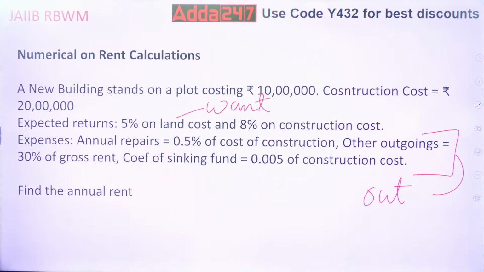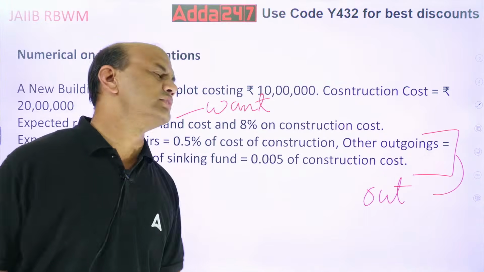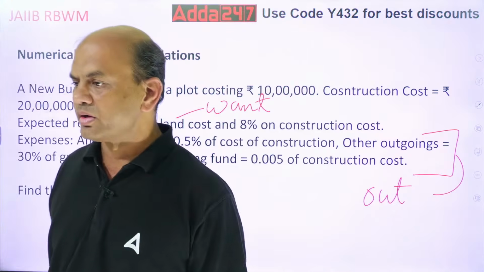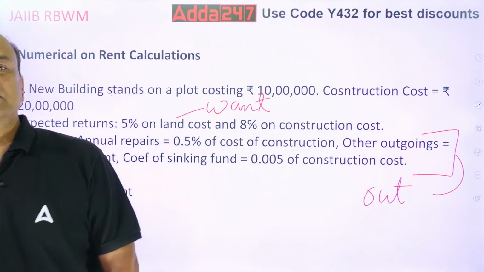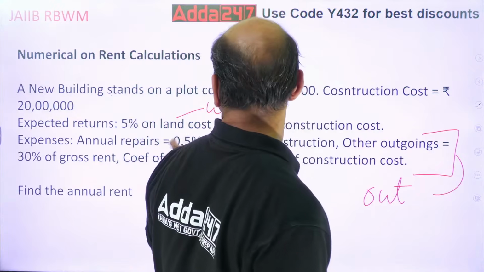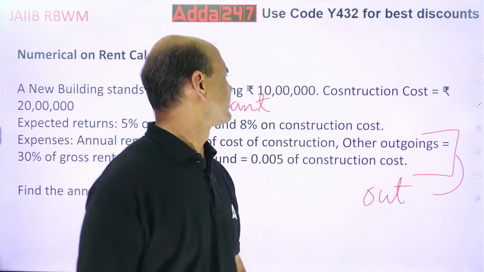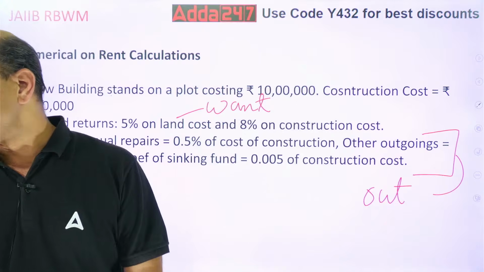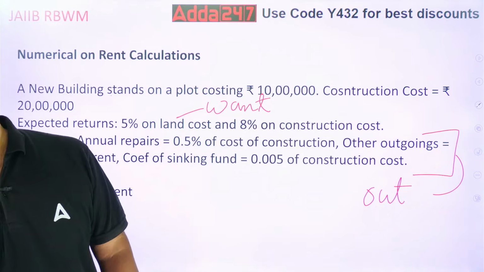Everyone focus. 2,10,000? Shiva. What about others? One answer I have got, 2,10,000. What about others?